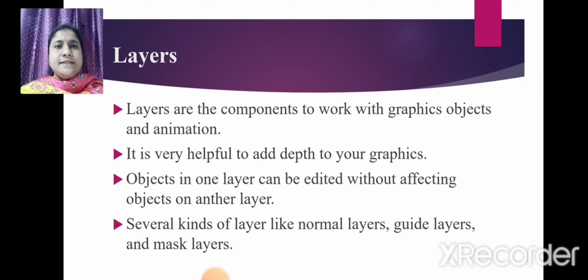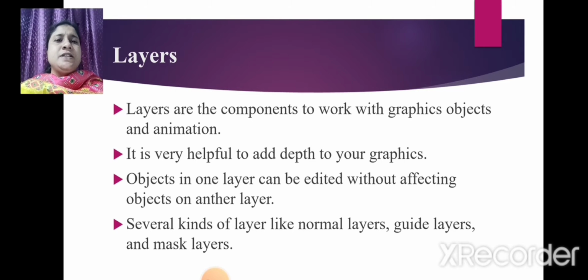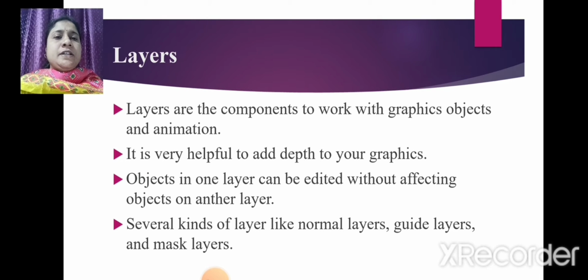Now the next is layers. Layers are the components used to work with graphic objects and animations. They are very helpful to add depth to your graphic objects. An object in one layer can be edited without affecting objects on another layer. So in this you can create so many layers.